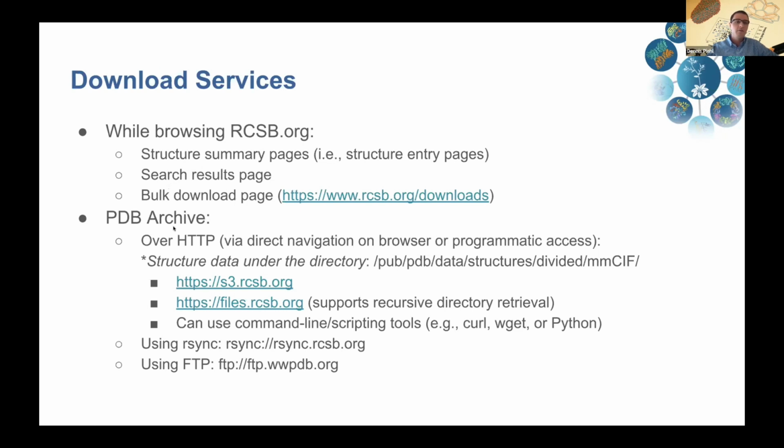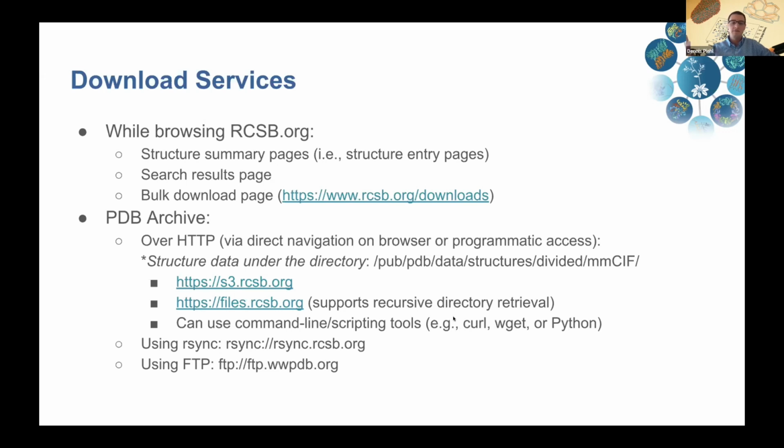Alternatively, you can also navigate our PDB archive directly or access it programmatically. So over HTTP, you can access our PDB archive at s3.rcsb.org, which is an Amazon S3 bucket of our PDB archive. It's also available at files.rcsb.org. And you can use any command line or scripting tools to access this, so curl, wget, or Python.